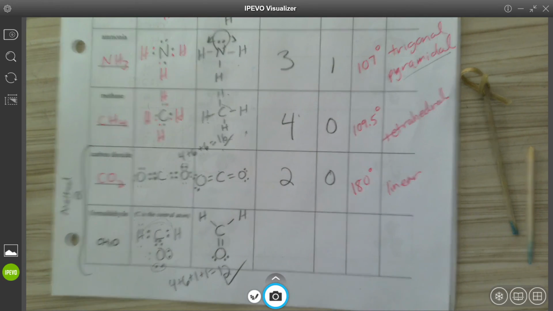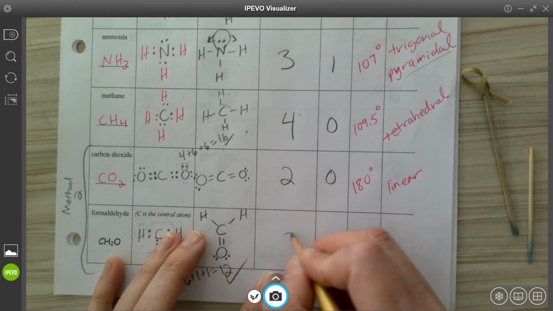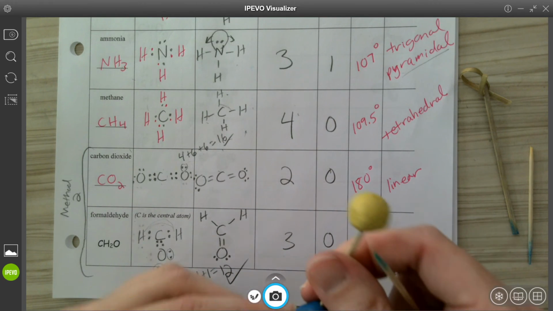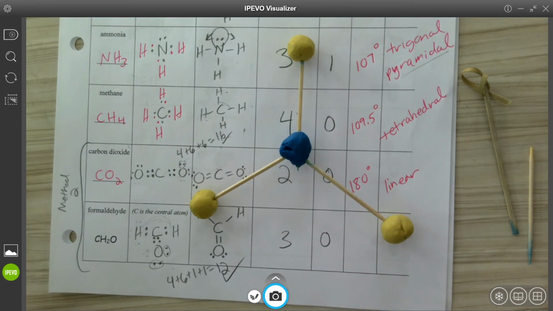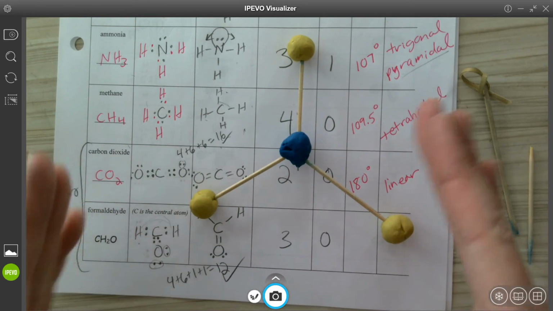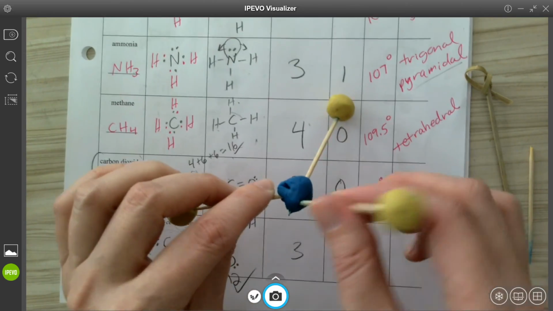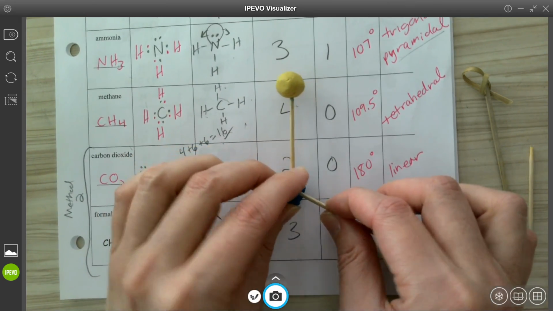And the last one, how many satellite atoms? 3. And how many lone pairs are on the central atom? 0. The way that 3 things get as far apart as they can, they actually don't need to go into 3 dimensions. When I saw this and saw that it would stay flat, I thought there would surely be a way for them to get further apart in 3 dimensions. But this is as far apart as they can get, 120 degrees.